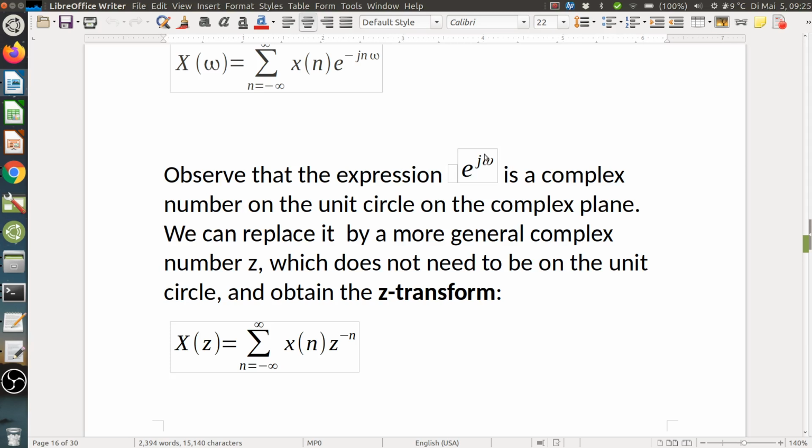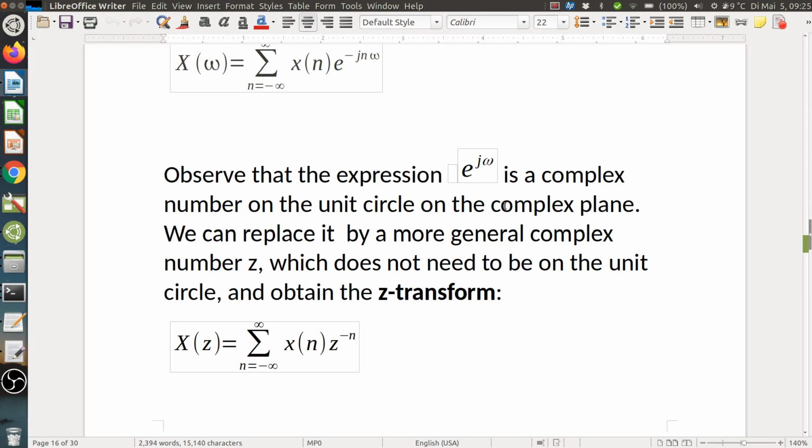So in this sense, this omega is interpreted as an angle. So it's a normalized frequency between 0 and 2 pi, if 2 pi is our sampling frequency. But conveniently, this can also be interpreted as an angle in the complex plane if we look at this number e to the j omega.